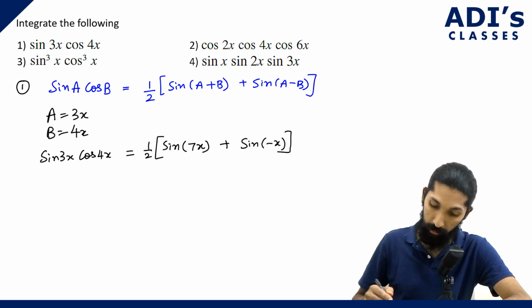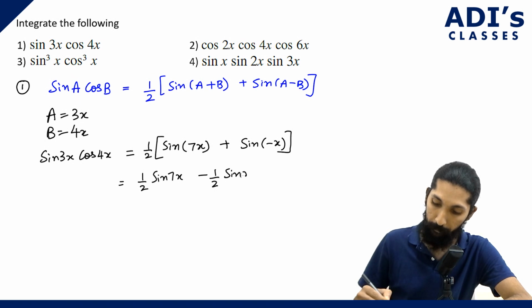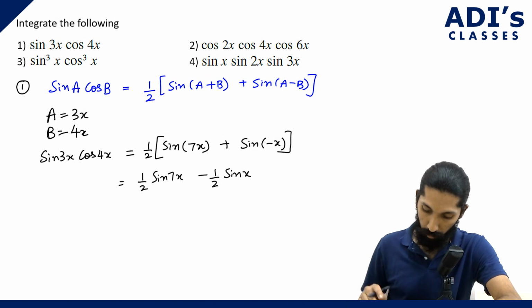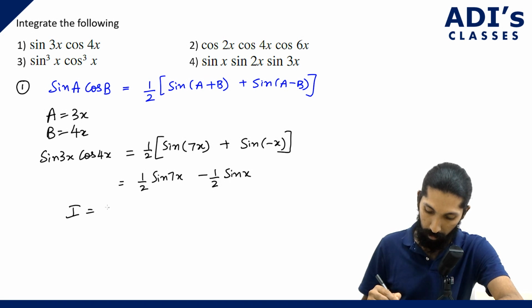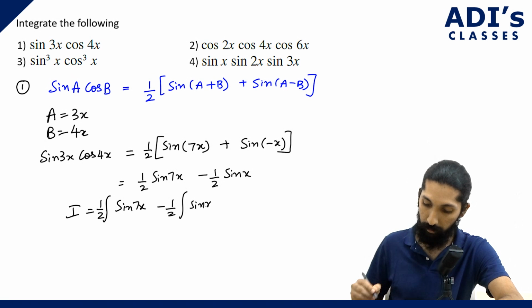So now this is equal to half of sine 7x minus half sine x. This we need to integrate. So I is equal to integral of, half take it outside, sine 7x minus half integral of sine x.